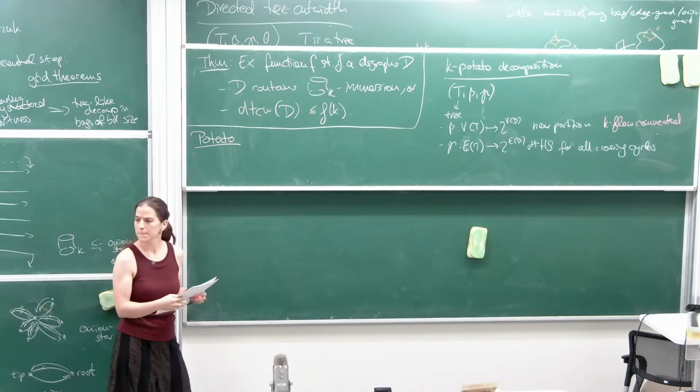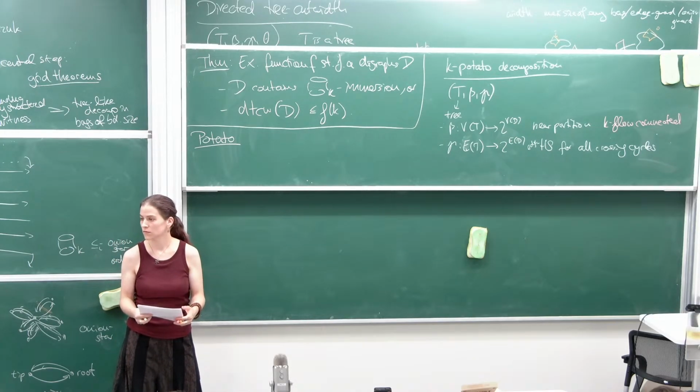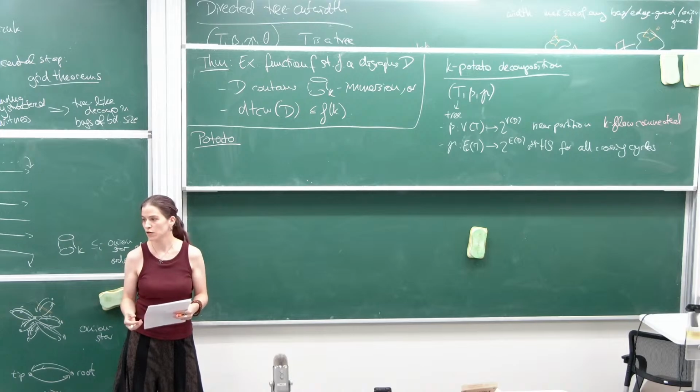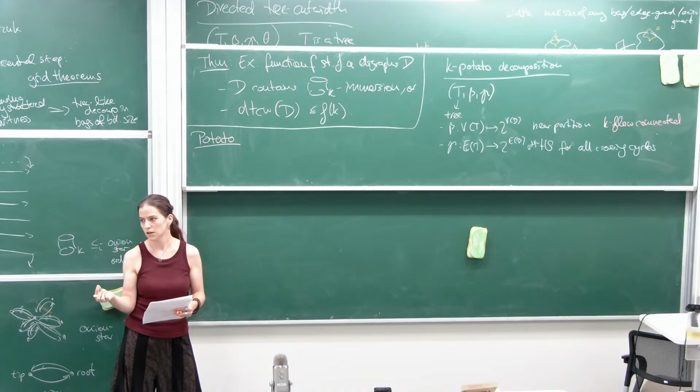If I make a star with every back having just one vertex, then is it a potato decomposition? Only if you have cuts of small porosity. So it depends on how the edges between these things look. Right, so for the K flow connectedness, yes, if your back is only one single vertex, this is easy to get.